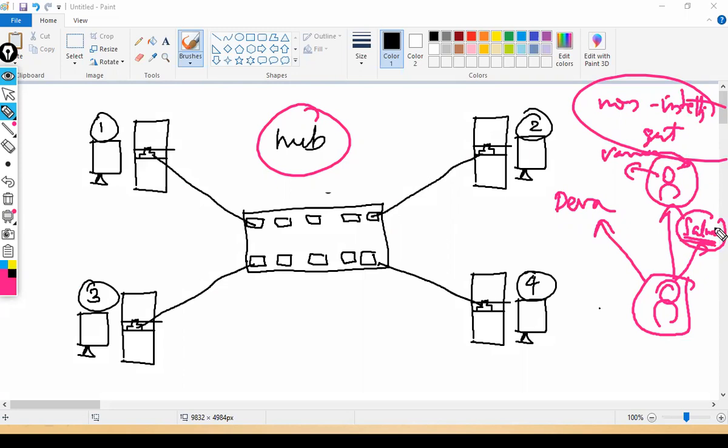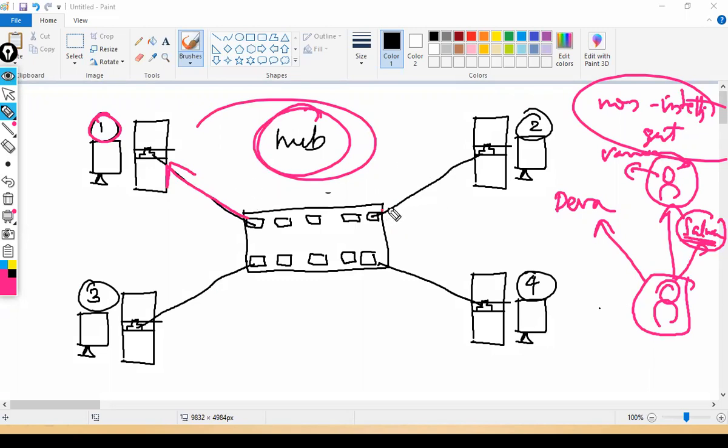So suppose I'm an intelligent guy. I know to my right side I have Salman, to my left side I have Deva, and straight ahead I have Vaman. So you can call me an intelligent guy. But if it's a hub, it doesn't know that the first machine is sitting on its left side. It doesn't keep track of it.